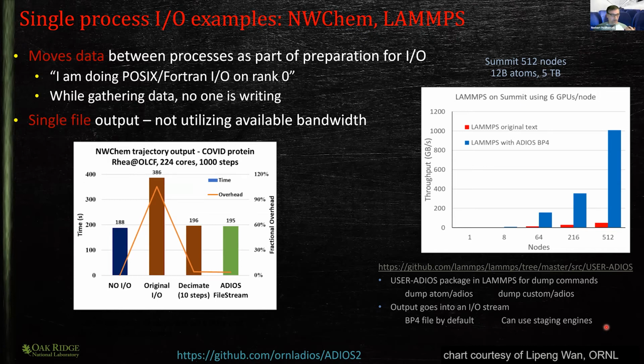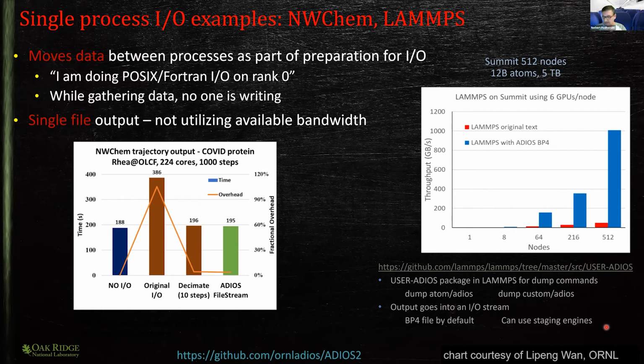So we tried with NWChem. The challenge was, can we write every single simulation step to the disk? Because the scientist has to decimate, and in practice they just write every 100th step. But then they miss the chemistry, where things happen so fast that they just miss that.